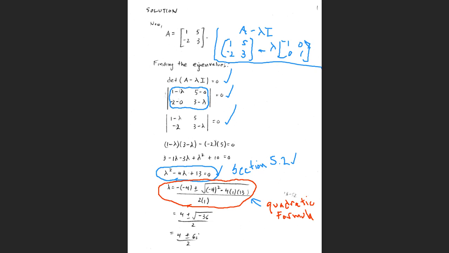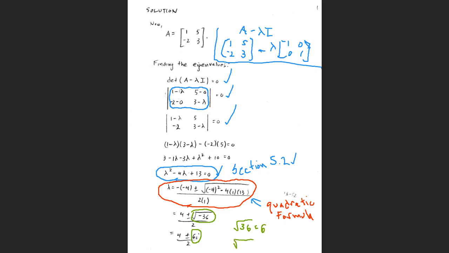And in this case, because you have a square root of negative 36, that just equals 6i. The square root of 36 is 6.